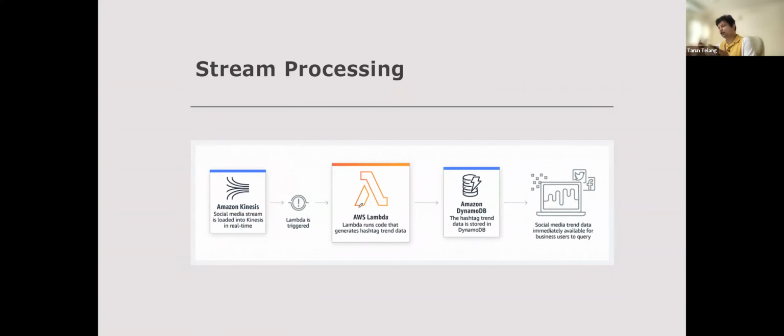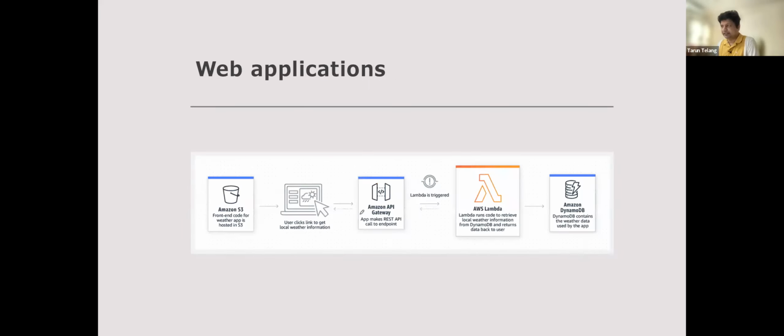And it can store the insights. For example, how many hashtags are trending in the last 24 hours, and these details could be stored in Amazon DynamoDB. And this you can make available in your social media site or your feature, which is sharing the trend about social media posts.